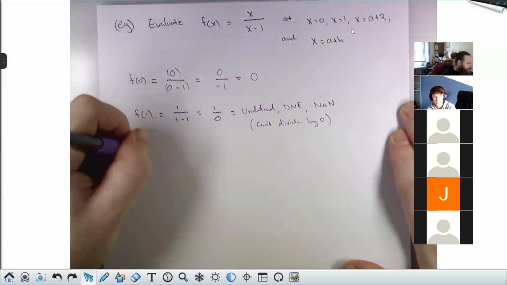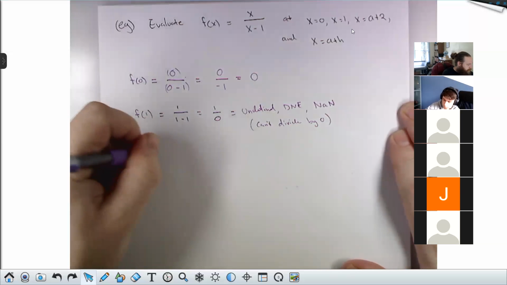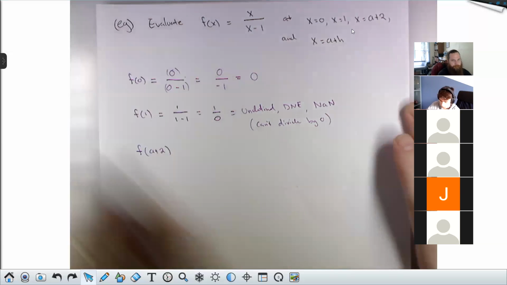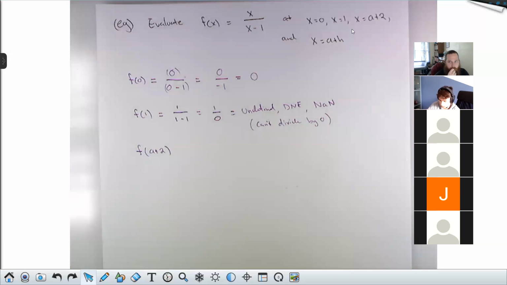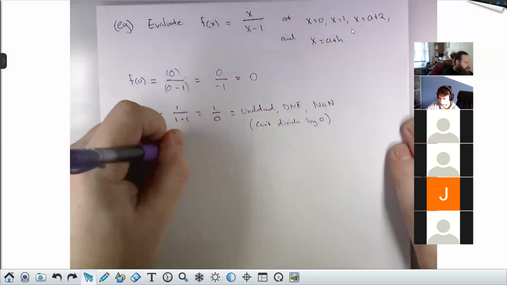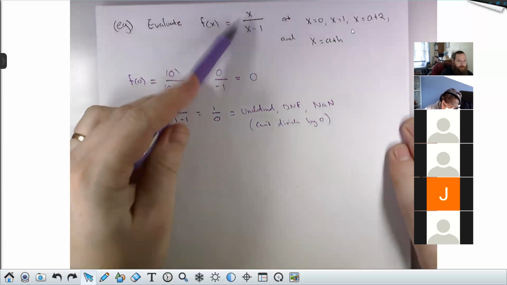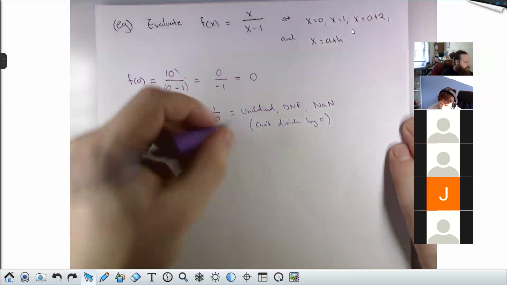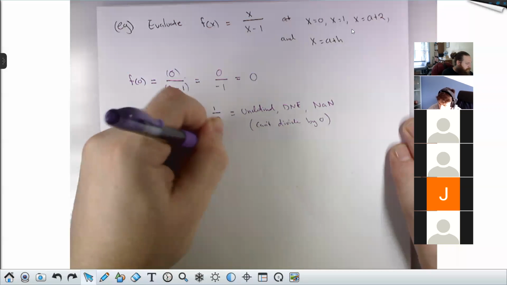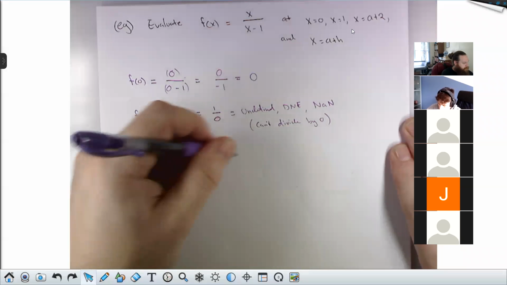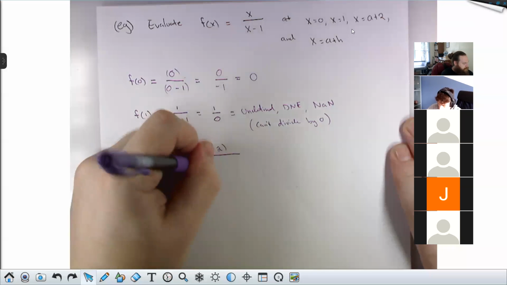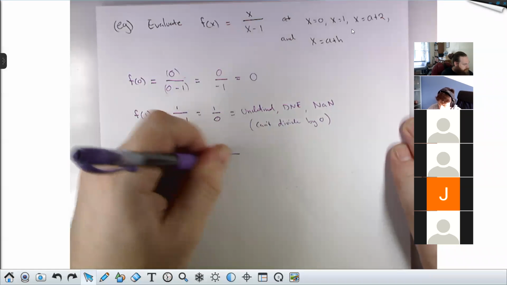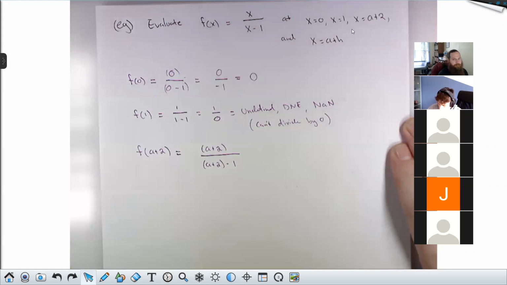If I want to evaluate f of a plus 2, here we need to be a little careful. Same thing though. I'm going to take x. Everywhere there's an x in this expression, I will replace it by parentheses a plus 2. So I get parentheses a plus 2 divided by parentheses a plus 2 minus 1.